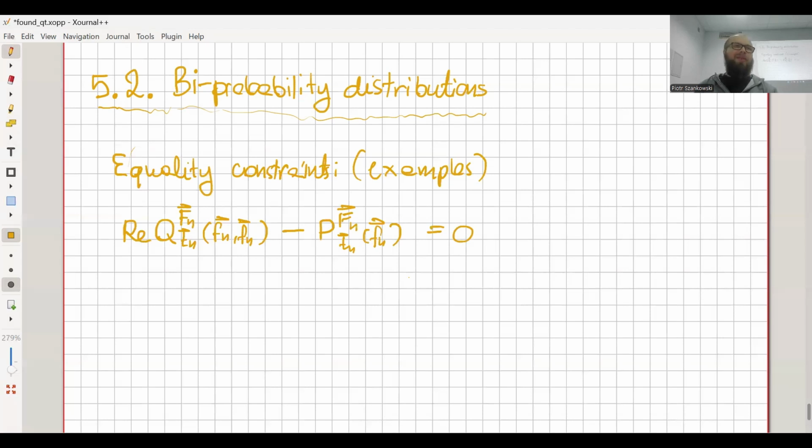So that would be one constraint, which would mean that the diagonal part of Q equals the probabilities.